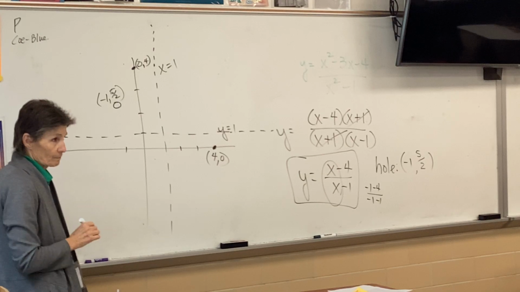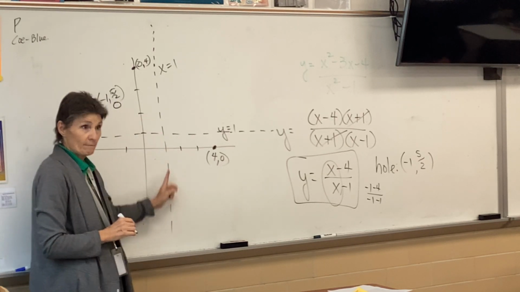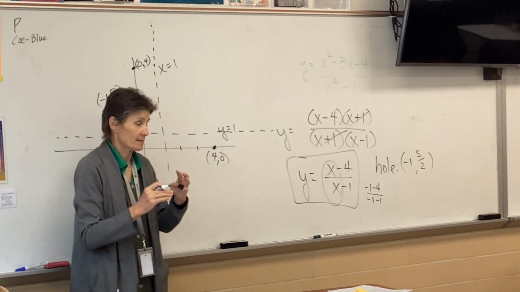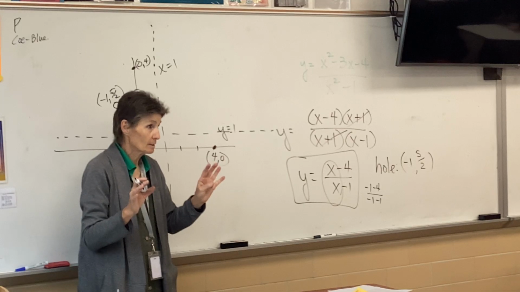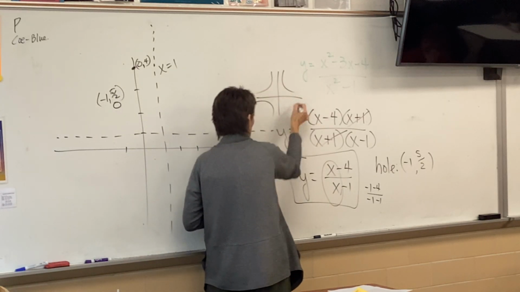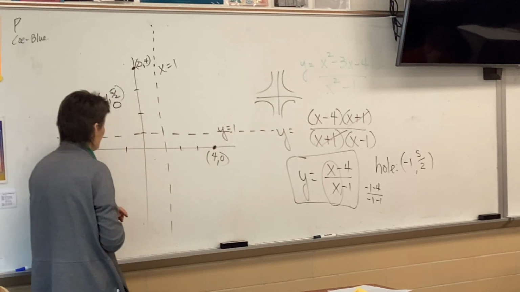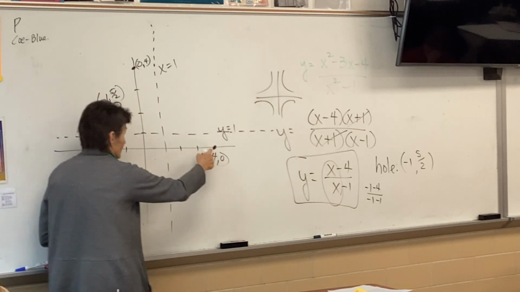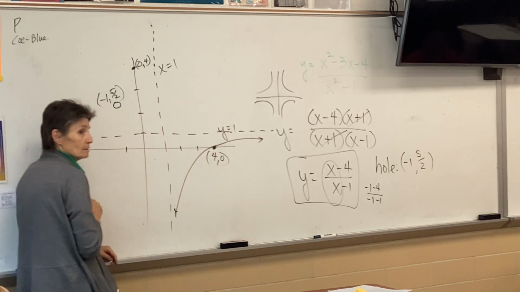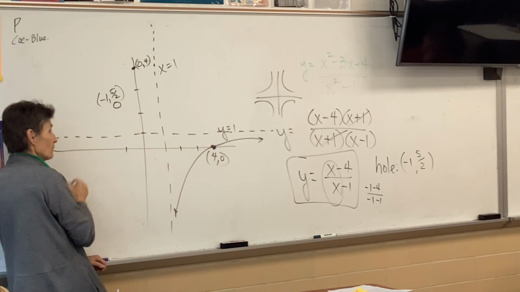Now, this picture only has one vertical asymptote, right? So it doesn't have a middle piece, it just has a left and a right. And remember, the lefts and the rights always look like this. There's that point right there, and then what about over here?